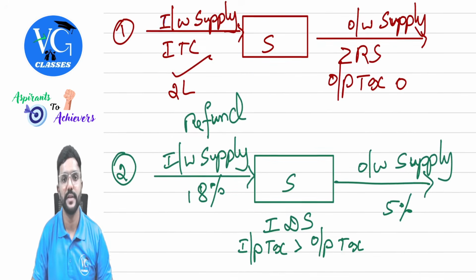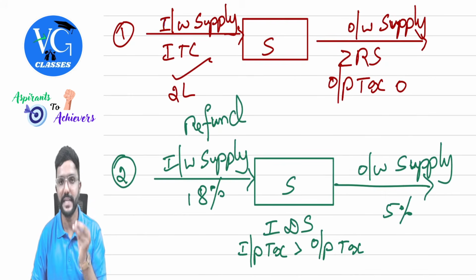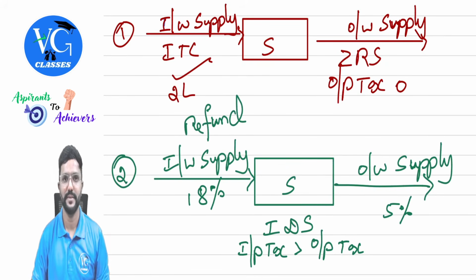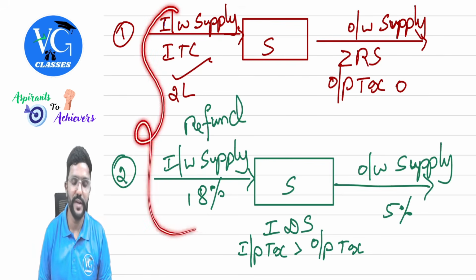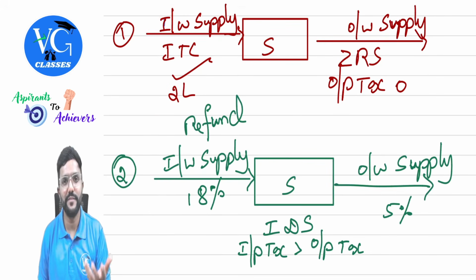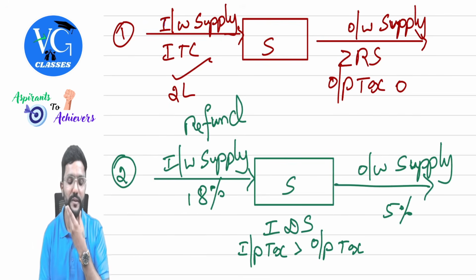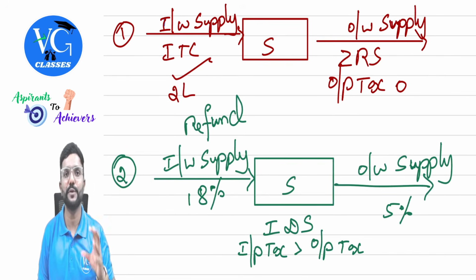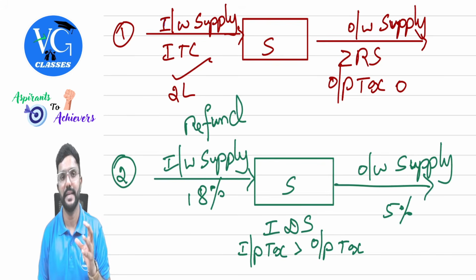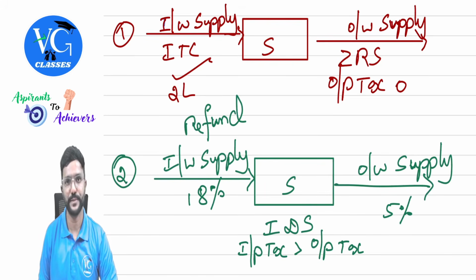Except these two cases. If I have any unutilized ITC in any month, I will carry forward it to the future period and I will use it. But whereas in the following cases, even if I carry forward to the next period, it is same story in the next period also. So only in the following two cases, whatever unutilized input tax credit is there in the credit ledger can be claimed as a refund by a registered person, guys.